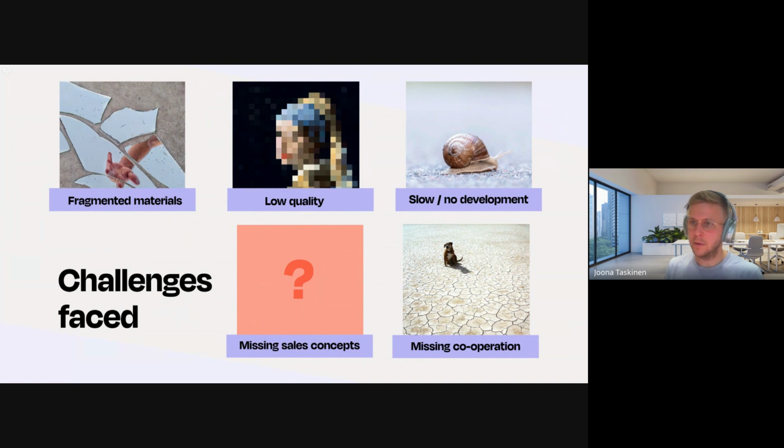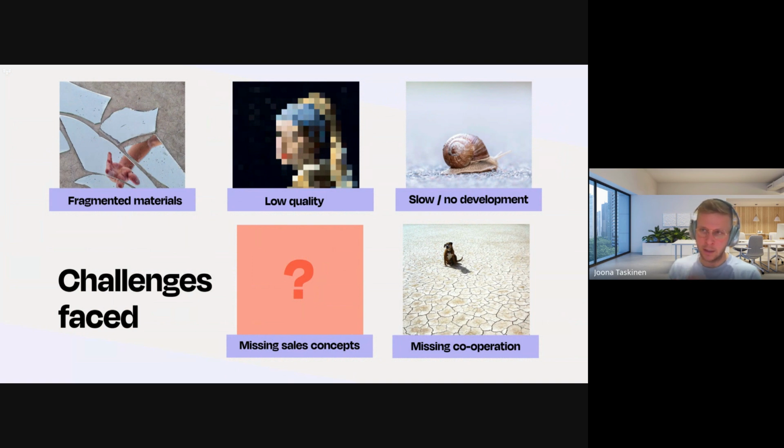Then a missing sales concept means that the presentation might not be developed with a clear sales concept. Again, this may be because the salespersons create the materials themselves. Nobody knows what they use, so they just create whatever they need, not necessarily what the company would like to message out. Cooperation falls to the same silo effect, where everyone has their own.